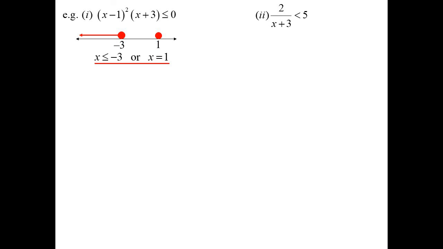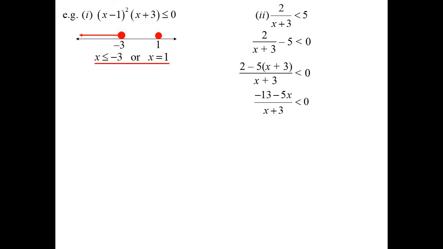That brings us to these sorts of ones, the numerator and the denominator. We've already seen a few ways of doing this, so here's yet another. Another approach would be to move everything to one side and create left-hand side minus right-hand side. So we have this. It's an algebraic fraction, so let's make it an algebraic fraction. I now have -13 minus 5x over x plus 3. Now I think about it and say, the only time this could possibly change sign is either at an x-intercept or a discontinuity.